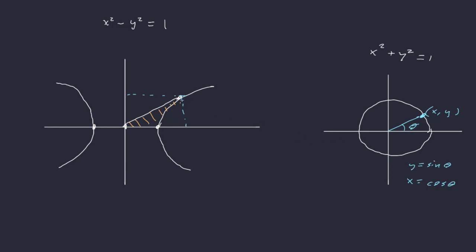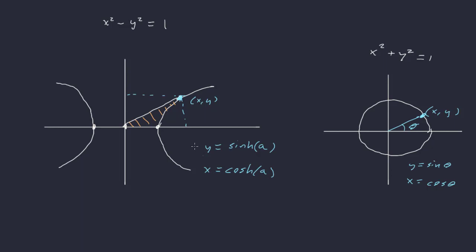We do something similar here. Whenever we cast an angle out, we're going to intersect this hyperbola at a point, and we let y be what we call hyperbolic sine, which we denote as sinh of a, and our x is hyperbolic cosine, which we denote as cosh of a.